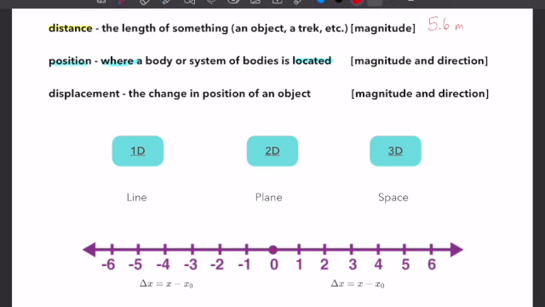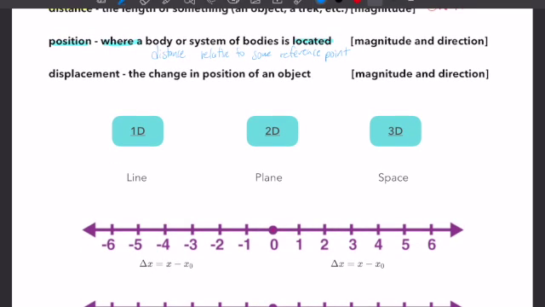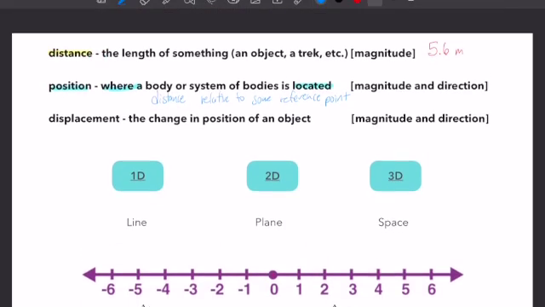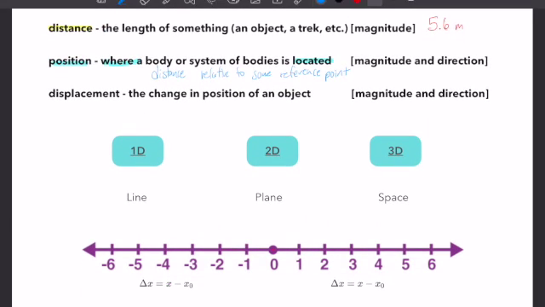So that necessarily means it involves or includes a distance relative to some reference point. So there's more to it. And that position has both a magnitude, 5.6 meters, and a direction from the reference point.